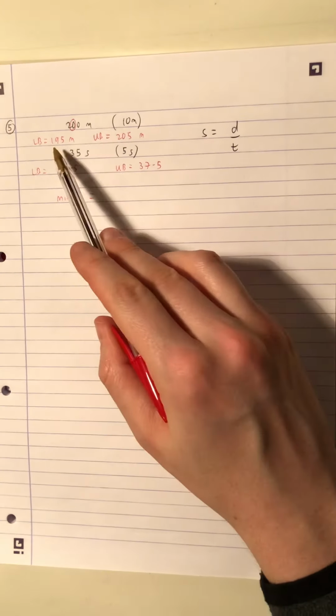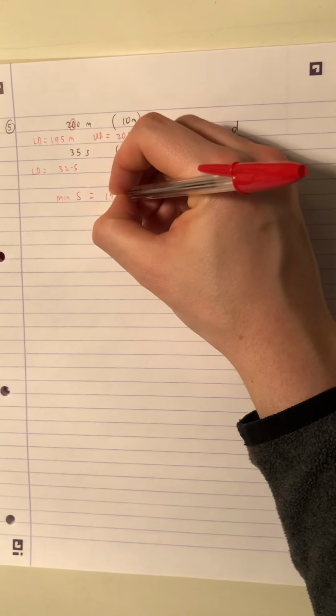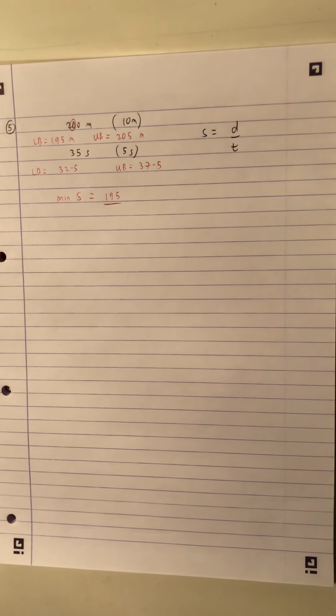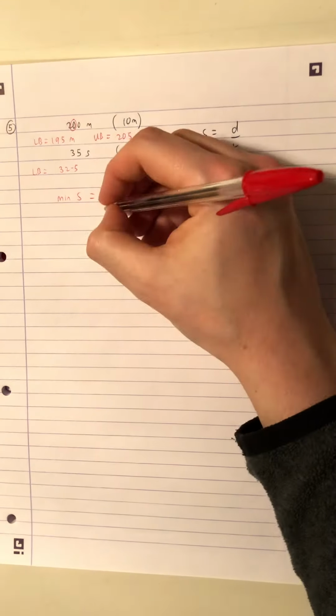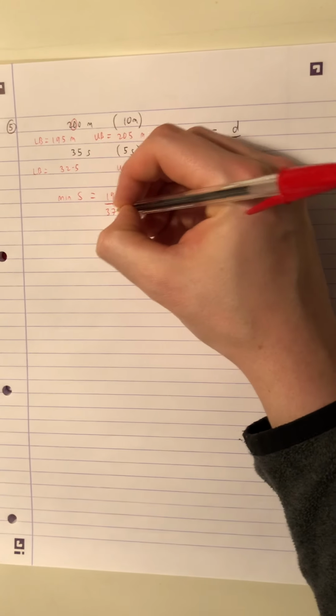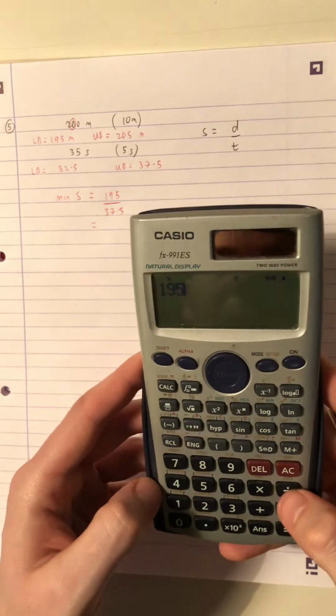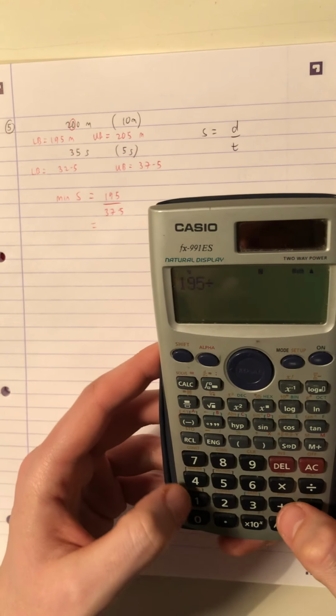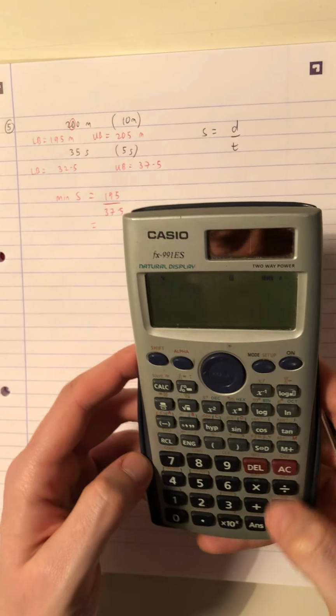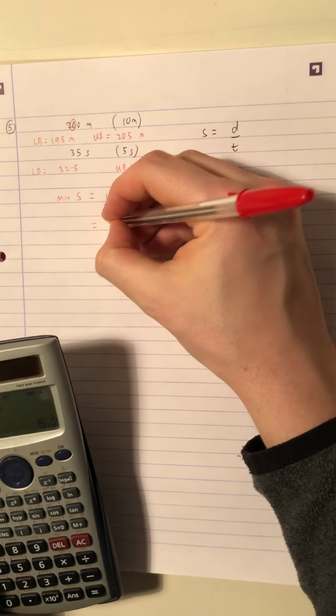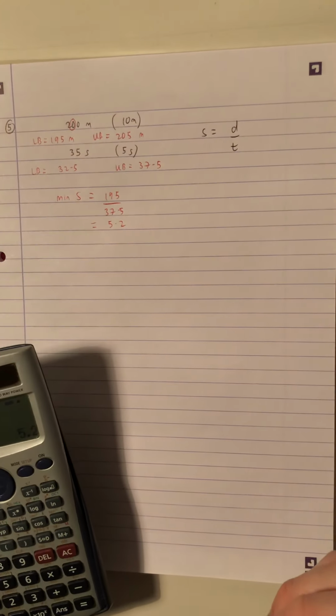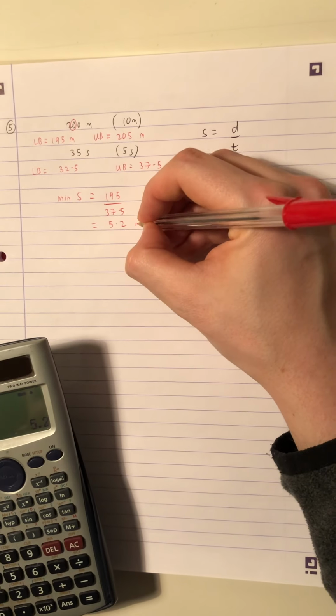So distance needs to be 195. And I want to divide by the biggest possible denominator, 37.5. Type that into my calculator, 195 divided by 37.5 gives you 5.2. That's the minimum speed in meters per second.